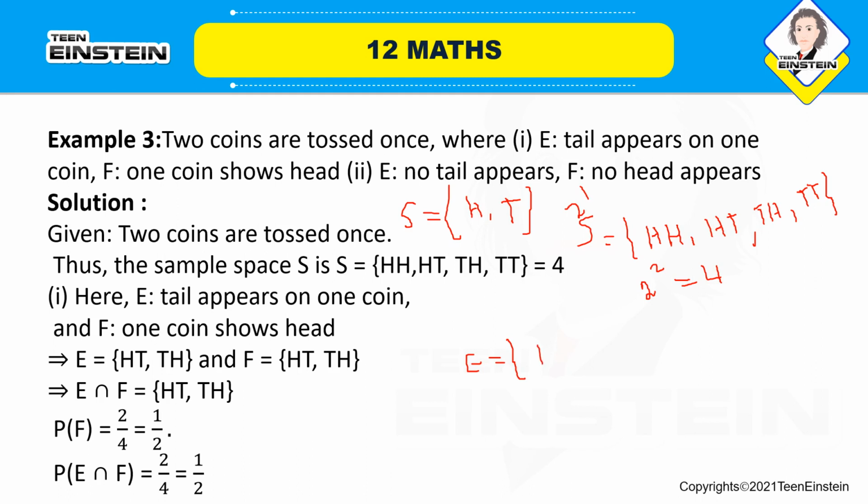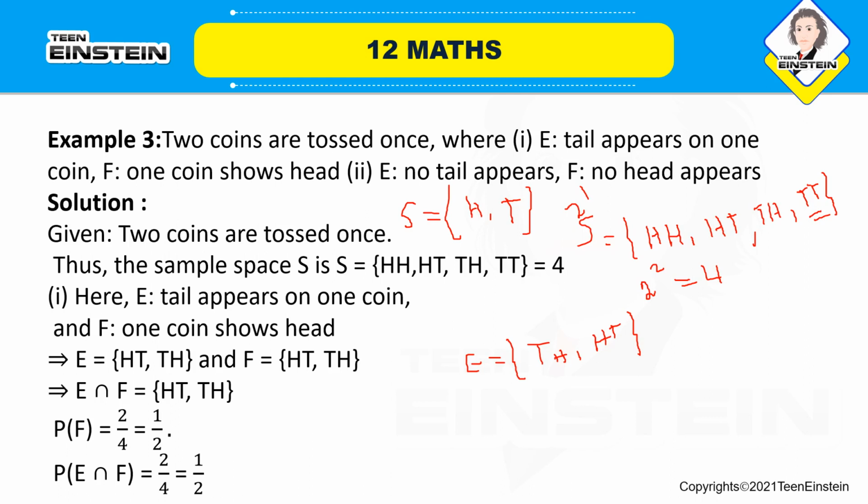So either I will get tail in the first coin and head in the second coin, or head in the first coin and tail in the second coin. So tail appears on one coin, that means only one coin, not in both the coins. You should not take this outcome, no?